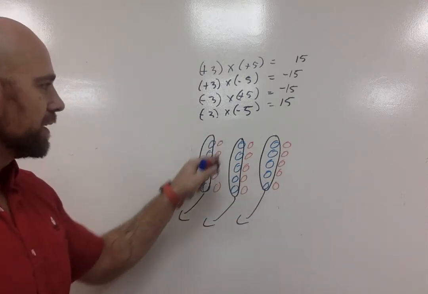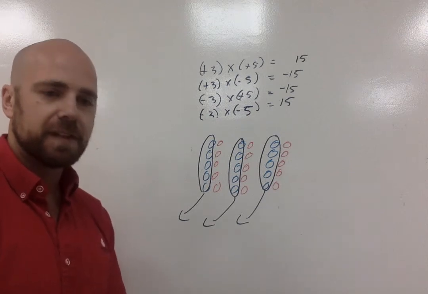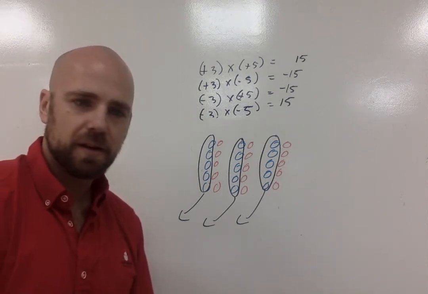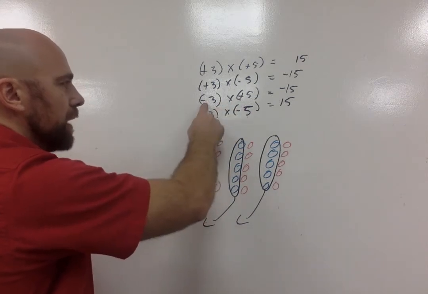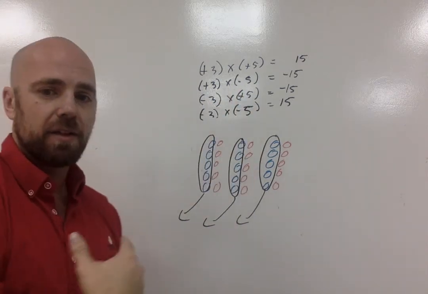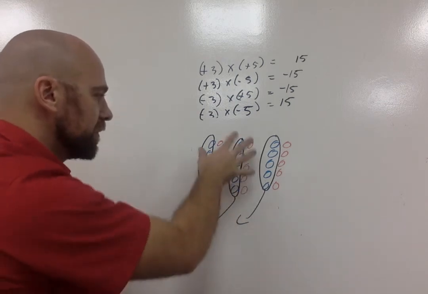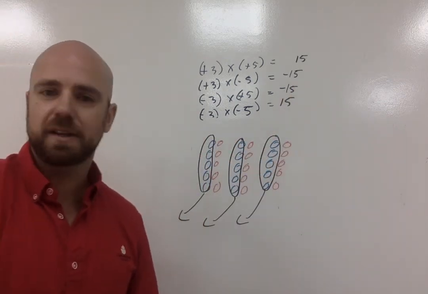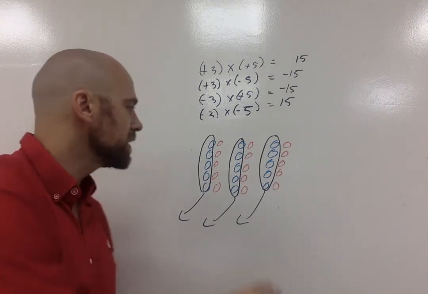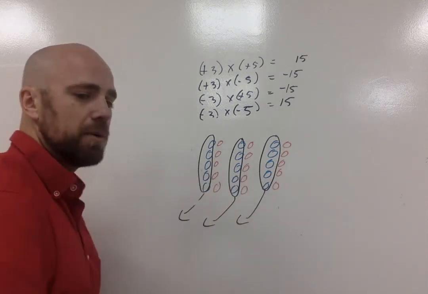And I'm left with my negative 15. Okay? So negative times the positive. So I'm taking away 3 groups of positive 5. So from my 0 pairs, and I could draw more 0 pairs, it doesn't matter, because there's technically an infinite number of 0 pairs. What I'm removing is my positives.